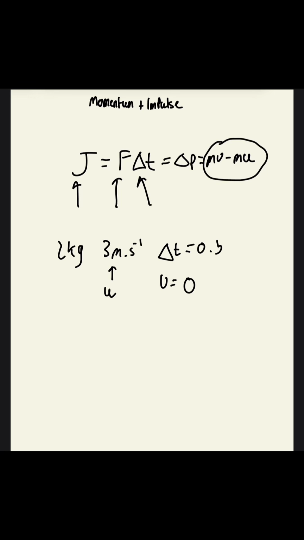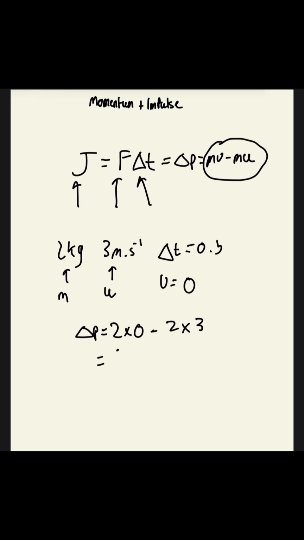Okay, so now we've got everything we need to find the delta p. Our mass is 2, so that's our m here. So it's going to be 2 times our final, which is 0, minus 2 times our initial, which is 3.